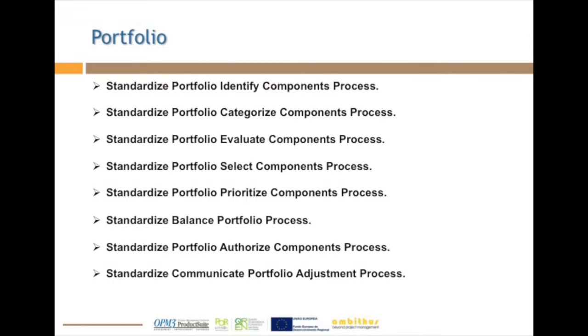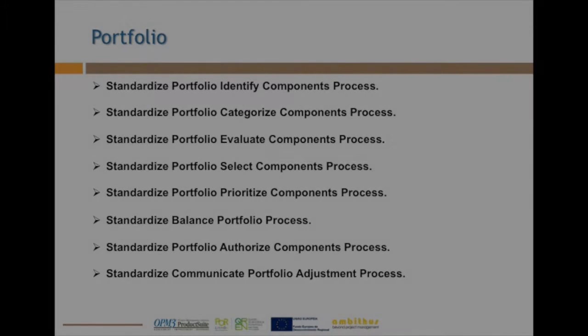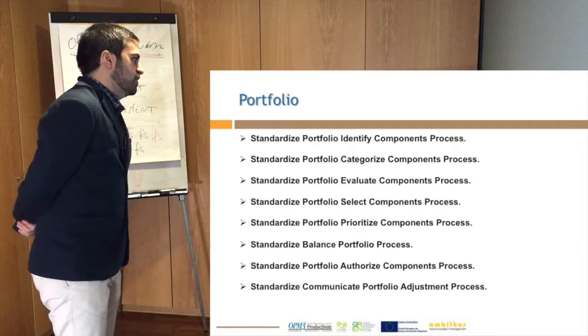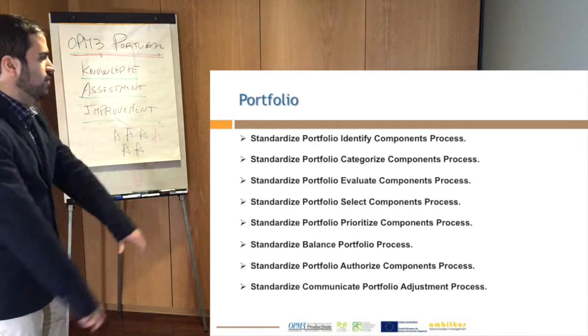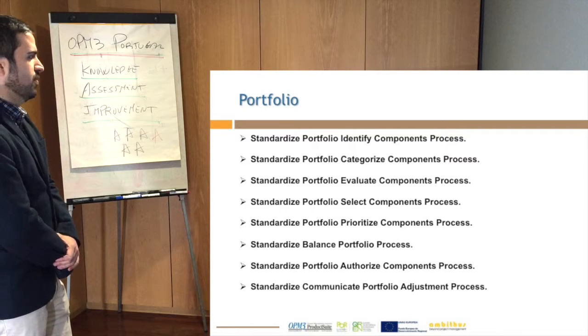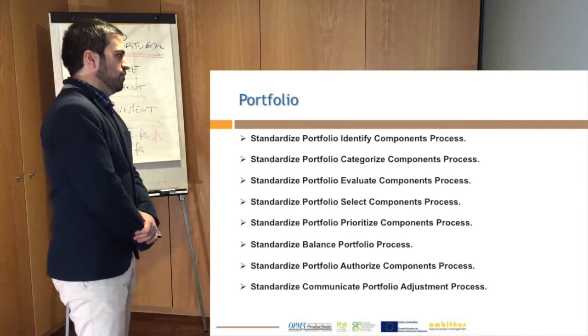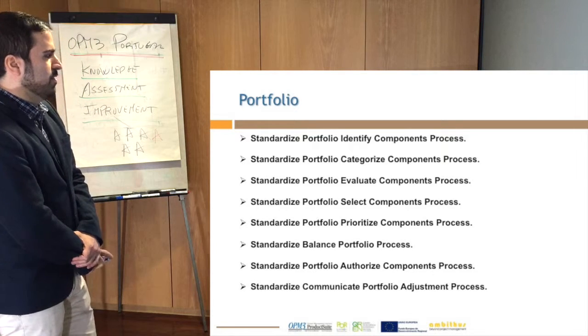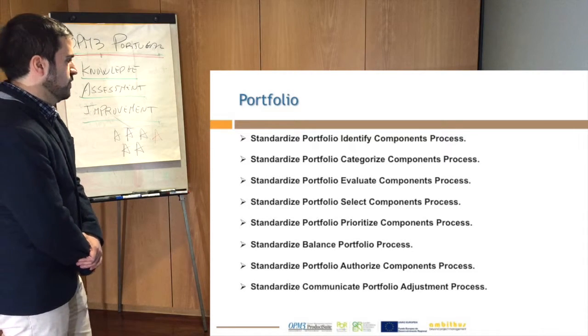Moving on to the portfolio, as the portfolio is still in an initial phase to start implementing processes in this domain, we just recommend to standardize some processes. Here are them: standardized portfolio identification, categorization, evaluation, selection, and prioritize the components. Components means the processes that are part or can be part of the portfolio.